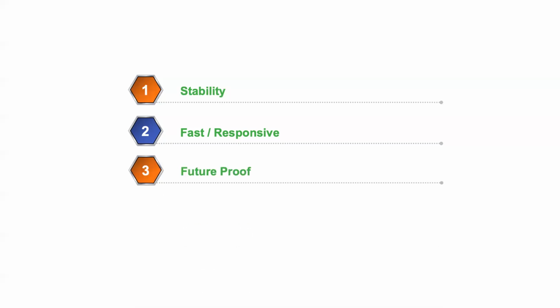Thirdly, the architecture should be future proof, meaning that it should allow integration of future updates and even implementation of new frameworks and libraries.